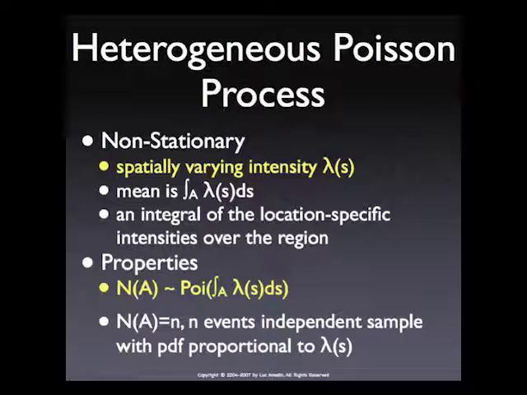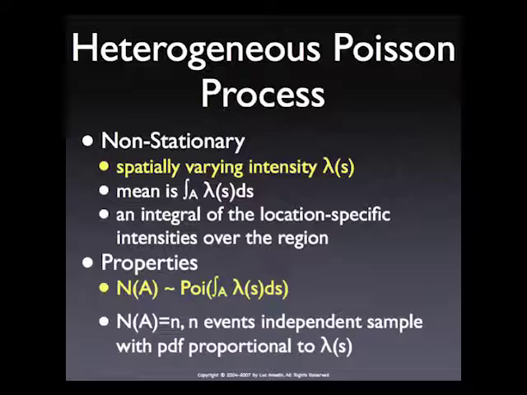The mean is different everywhere. So the notion of equilibrium that we have with stationarity disappears once we allow some of the characteristics of the distribution to vary across space. In this case, it's the intensity, which is the mean characteristic of the process.